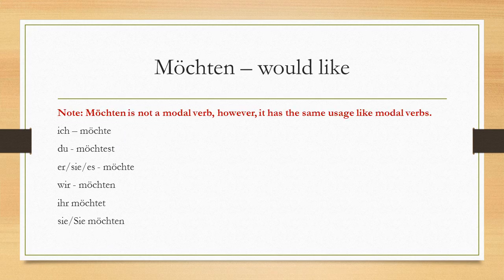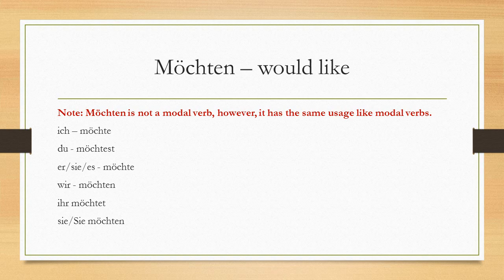Möchten is also a slightly different case because möchten is not a modal verb. However, I have put this with modal verbs because they have the same usage, and möchten is frequently used. Möchten is, let's say, the wish form of wollen. If you say wollen, you say I want to do something, and möchten means you wish to do something, you would like to do something.